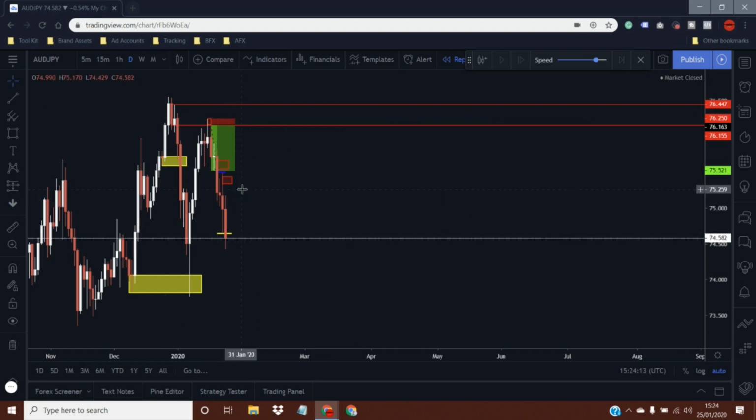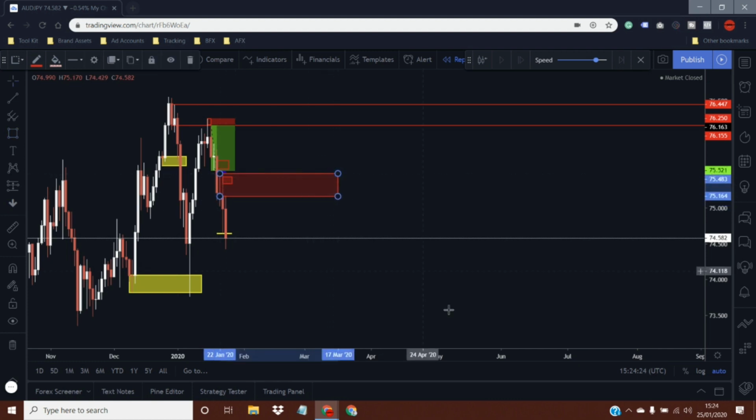On the daily, we've also got what looks like an engulfing candle here. And the market could potentially push back up to here. We've got a nice little level test, push back up to here, and then decide to push back down again, right?